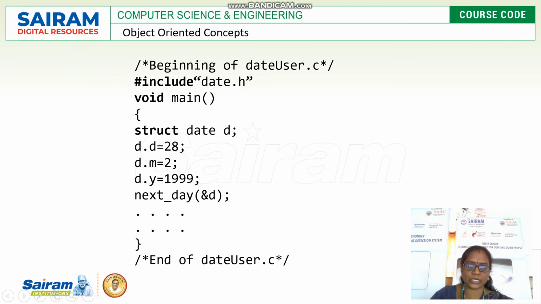Third, we can make use of the structure members by using the member variable called d. So d.d is nothing but 28. We can initialize also: d.m equal to 2, d.y equal to 99. When we use the function next day of ampersand d, it will calculate the next day of this respective input.